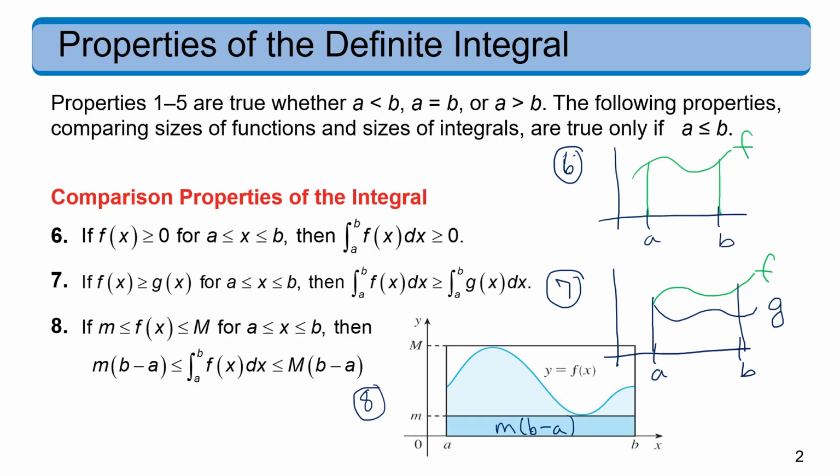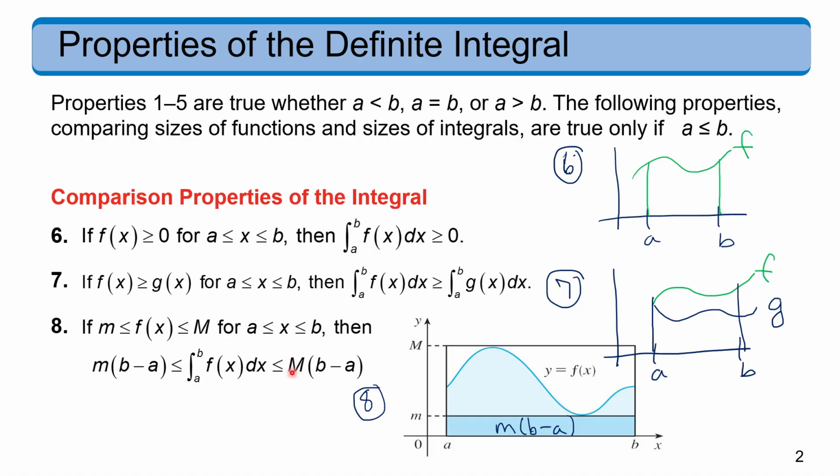Now look at this first inequality. This expression here means the area below f, which would be the area below this curve all the way down to the x-axis. That area is clearly bigger than the area of this blue shaded rectangle, which is what this first inequality says.